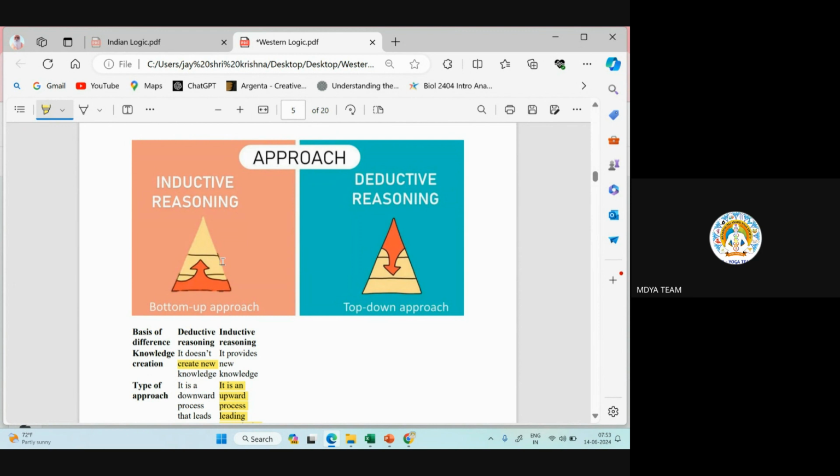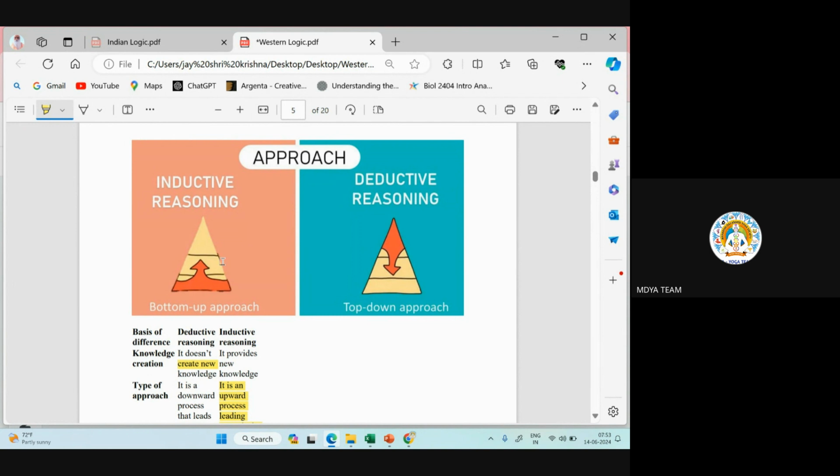For example, if you are searching for a thief in your class because you lost something, and somebody comes to you and says that person is a thief because he always steals and is used to this, it's a kind of deductive reasoning.